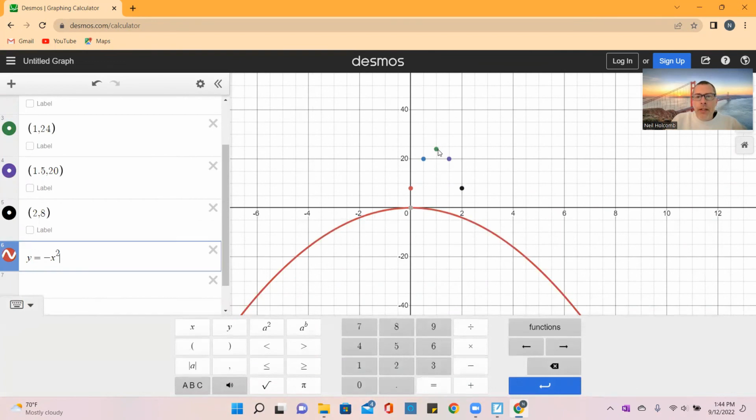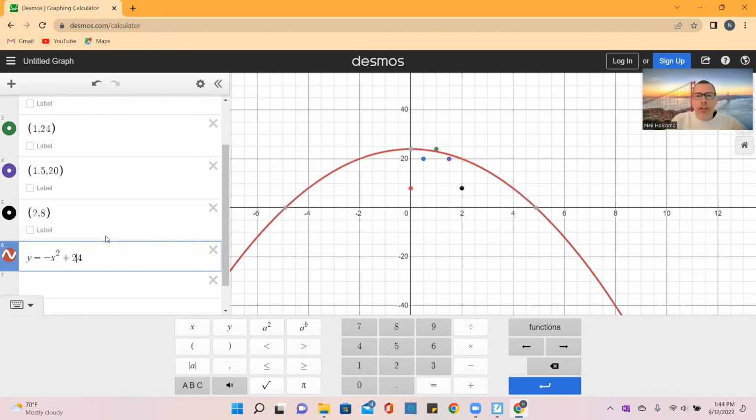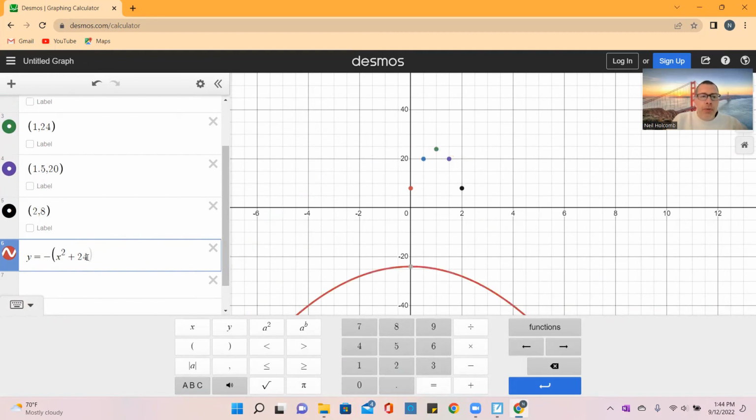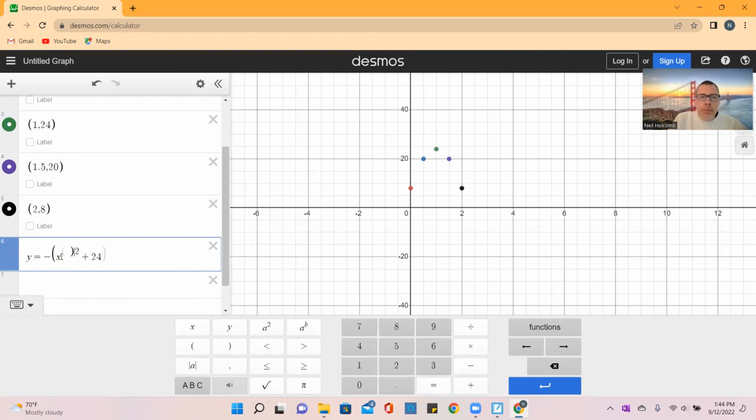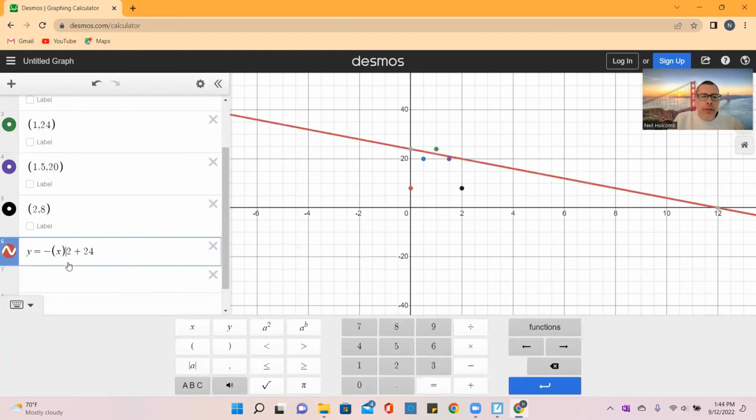I want the highest point to be 24. So let's say plus 24. Okay, so that brought our height up here, but now I have to shift it to the right.